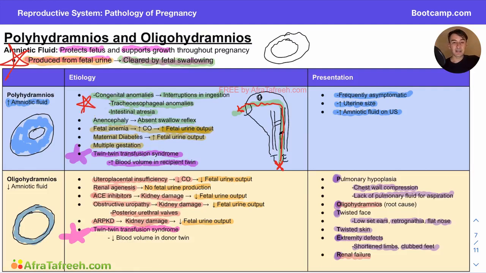And this is basically failure to ingest or failure to swallow amniotic fluid, and it collects in the amniotic sac. Whereas things related to urine production, increased urine production is going to make more fluid, whereas decreased urine production, which was everything down here, is going to be a reduced amniotic fluid load. And so that's something to know. And then it's important to know that all of this reduced fluid is going to lead to Potter syndrome, and that polyhydramnios, on the other hand, is going to be largely asymptomatic and benign.